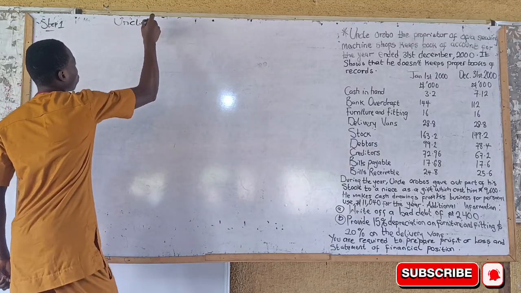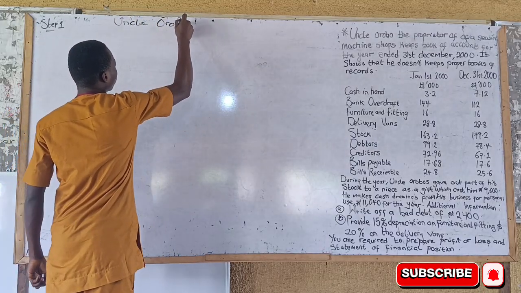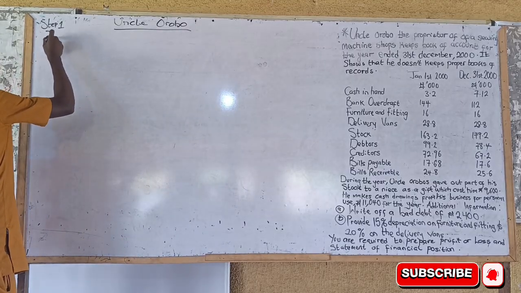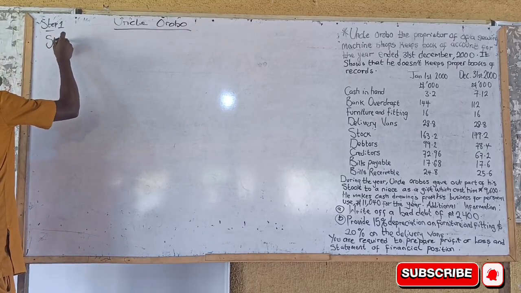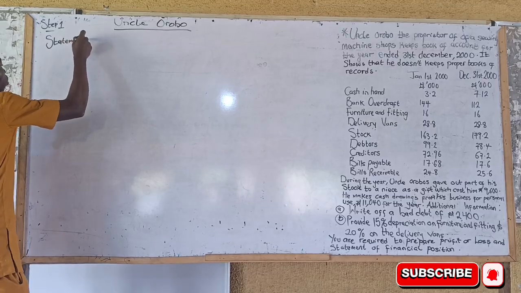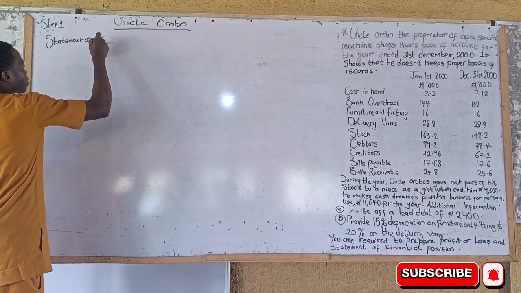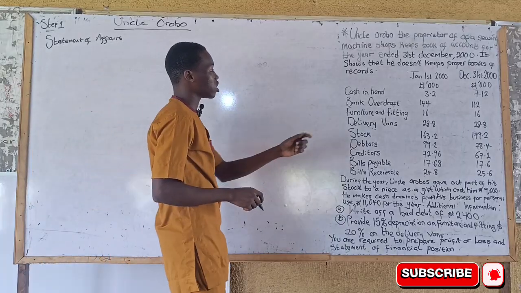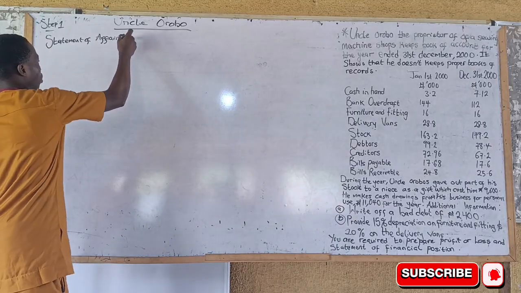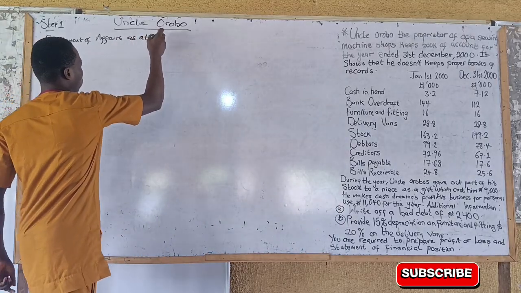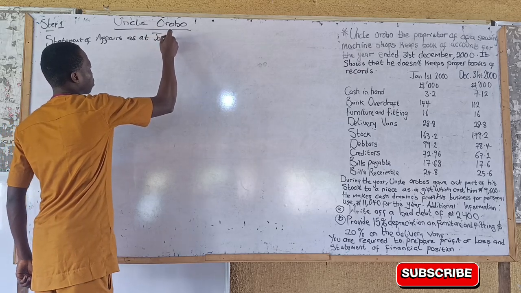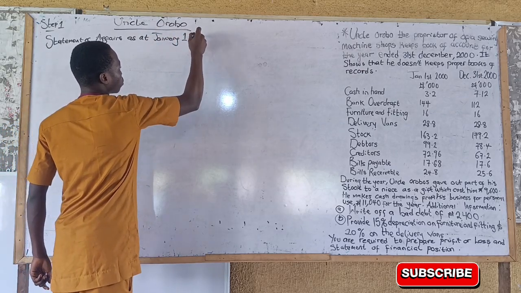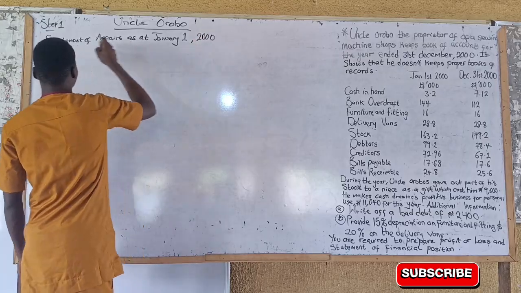The name of the person that owns the account is Uncle Orobo. And the first step, statement of affairs as at January 1st, 2000.